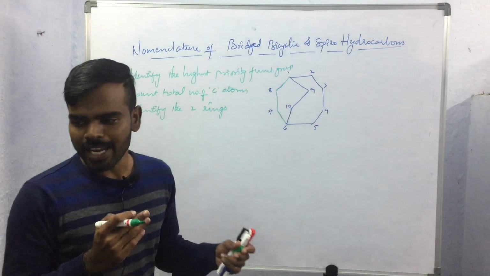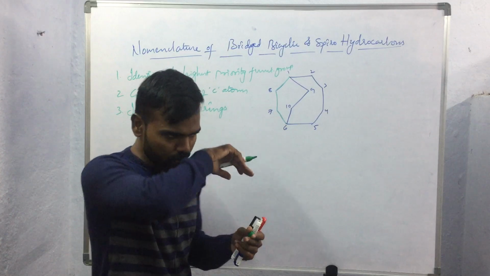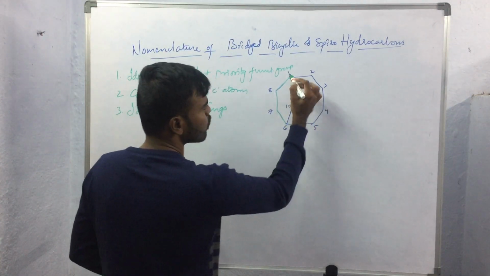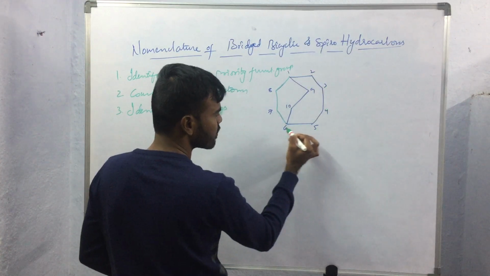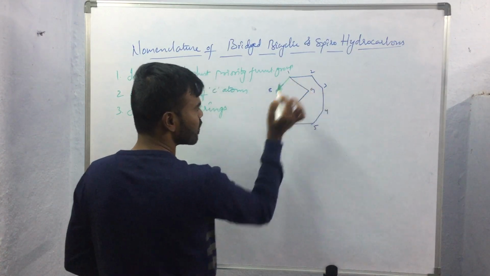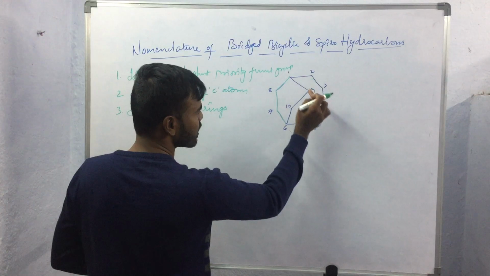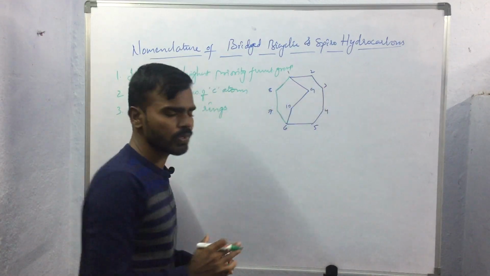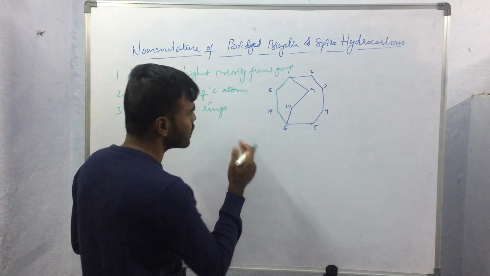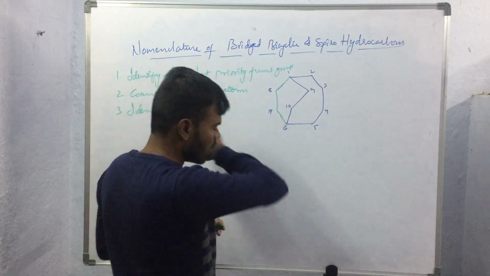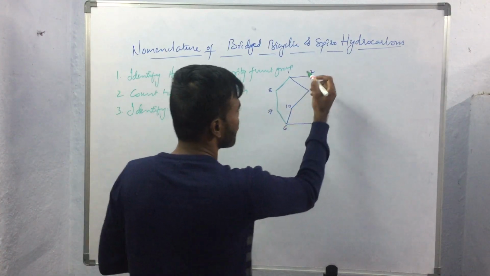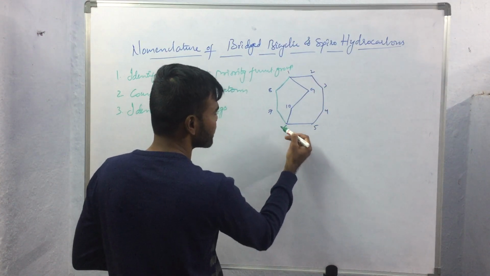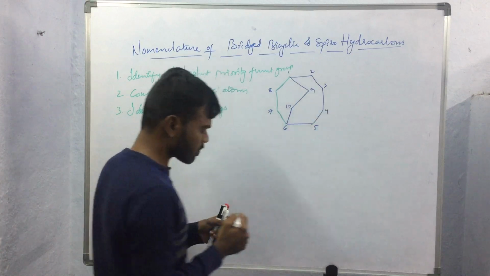So here in the bicyclic ring system, we have two rings. One will be 1, 2, 3, 4, 5, 6, 10, 9, and another will be 1, 9, 10, 6, 7, 8. So these are the two rings. And here we will be having two paths. One path is 1, 2, 3, 4, 5, 6, and another path is 6, 7, 8, 1.